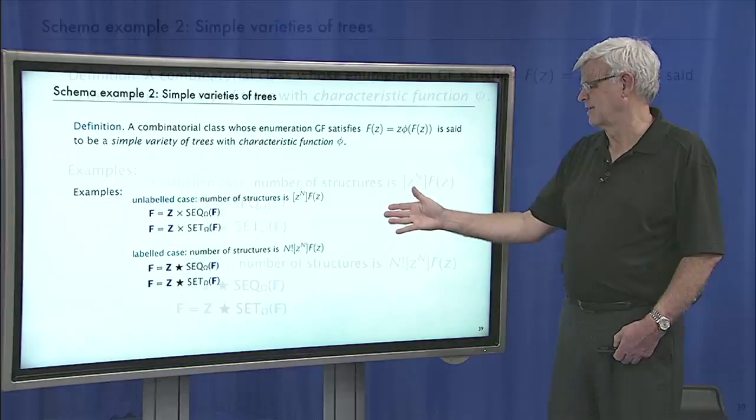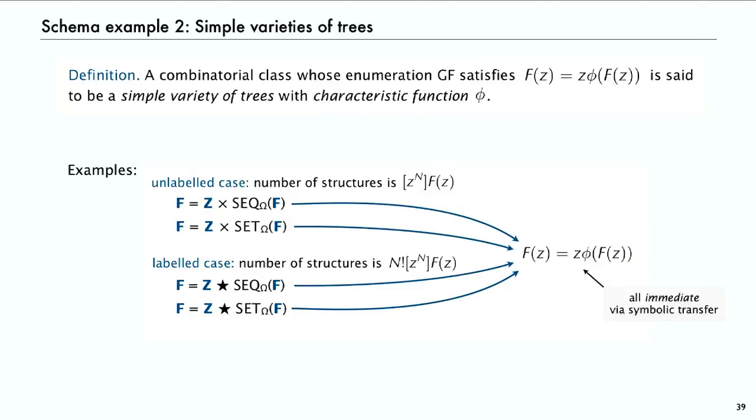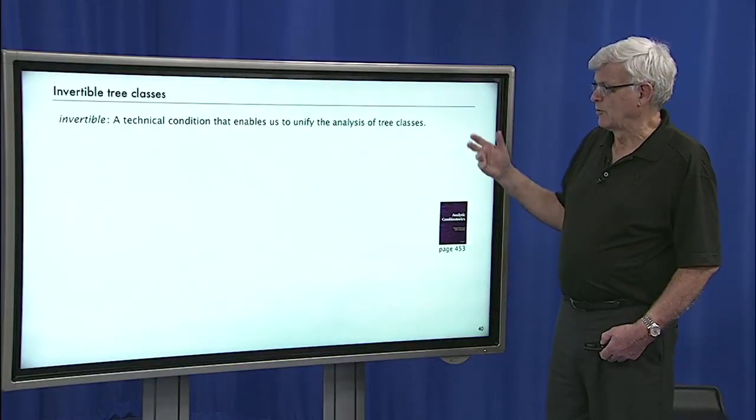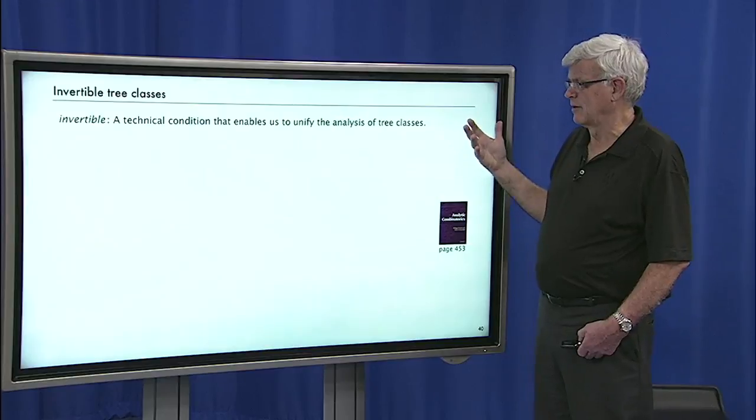In labeled case, then it's n factorial times coefficient z to the n, the number of structures. And instead of Cartesian product, we use the star product. But all of those things lead to a generating function equation of this form immediately by symbolic transfer, where this function phi depends on which integers are in the set omega. And we'll look at examples of that, and we have seen examples of that before.